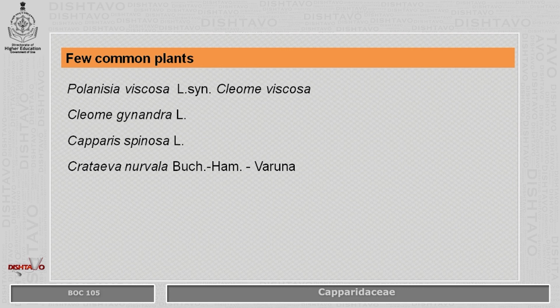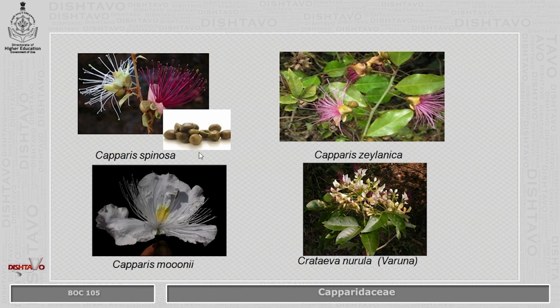Crateva nurvala is also a plant which is found in riparian habitat and also known as Varuna. Capparis spinosa, the capers, the fruits of it are sour fruits which are used in pickles, known as capers. Also Capparis zeylanica is used for a similar purpose. Capparis moonii is a wild plant. Crateva nurvala is a tree.